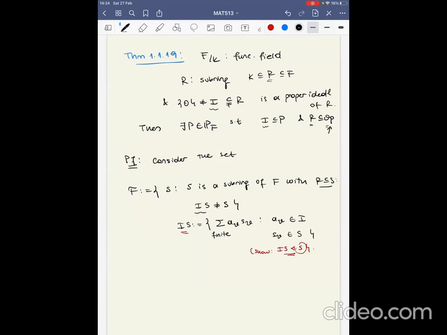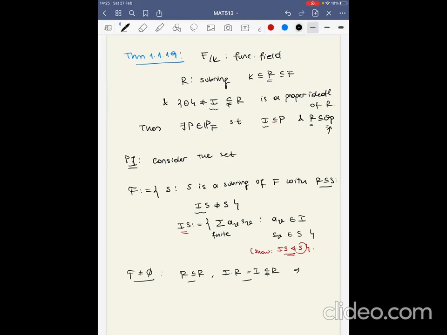So first, let me observe that this curly F is non-empty, because we know that there exists a subring R, and we consider its proper ideal I. It satisfies these two properties.